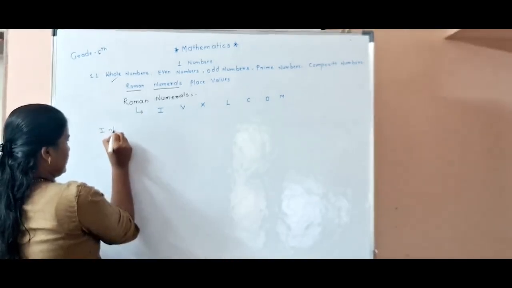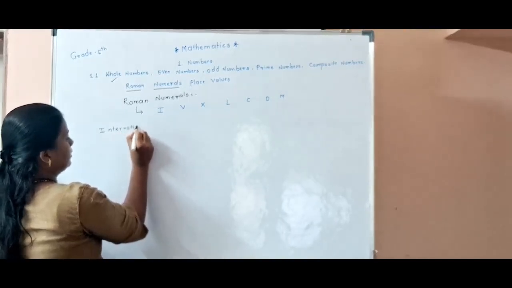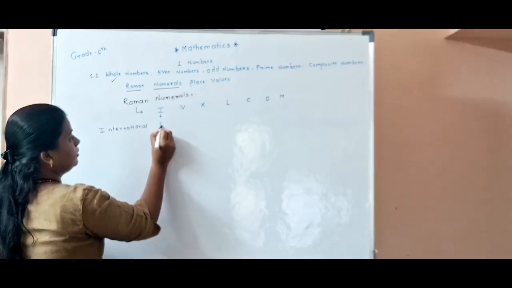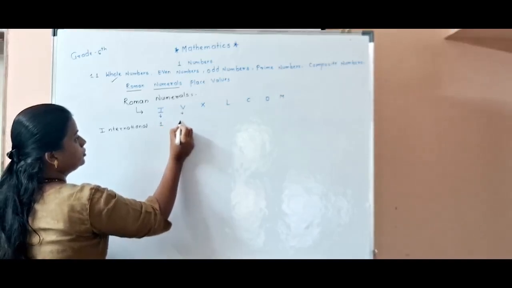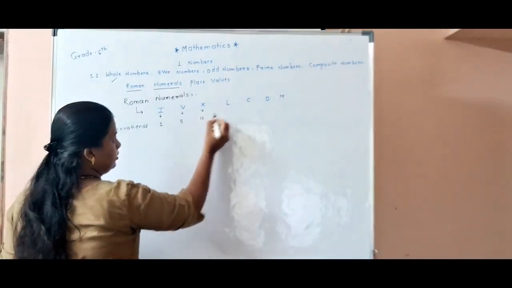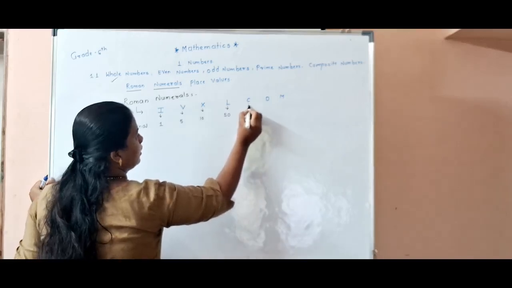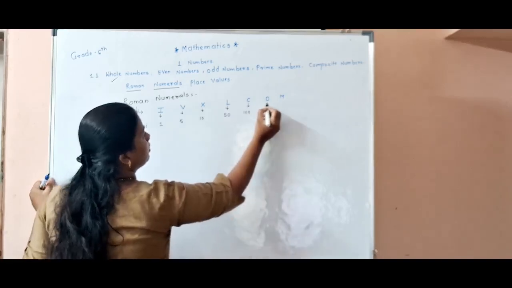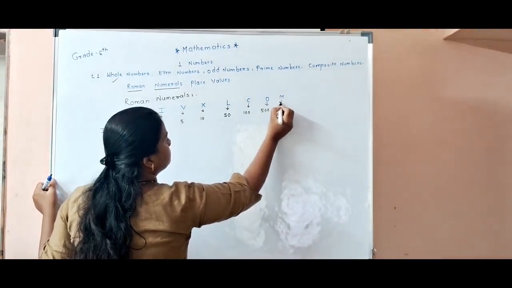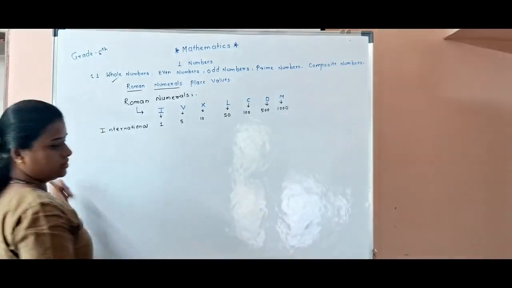And in the international system they represent 1, 5, 10, 50, 100, 500 and 1000.